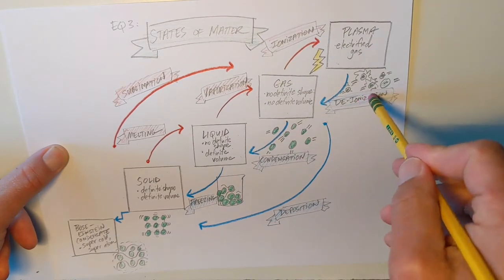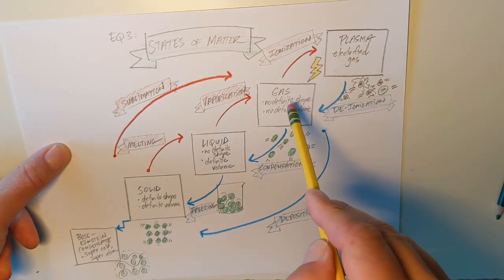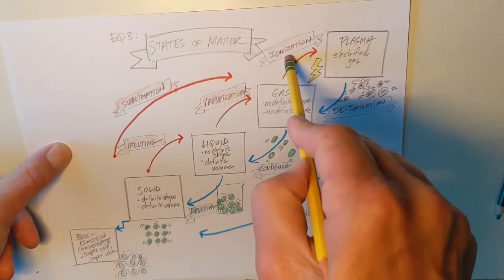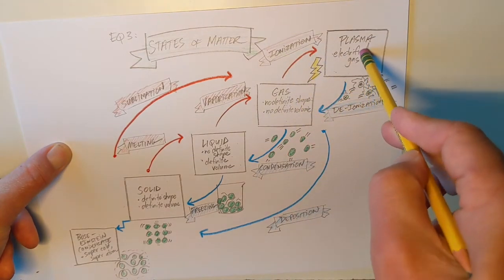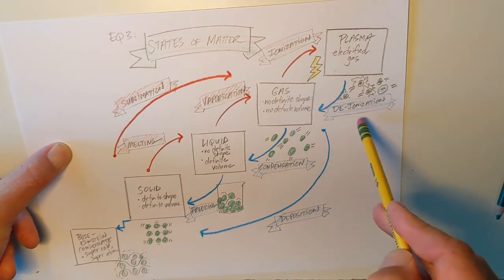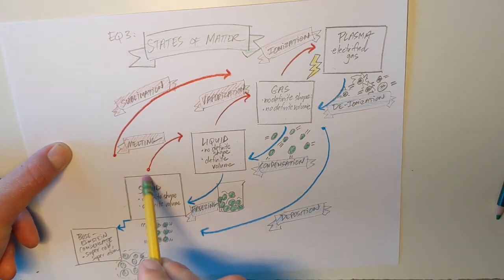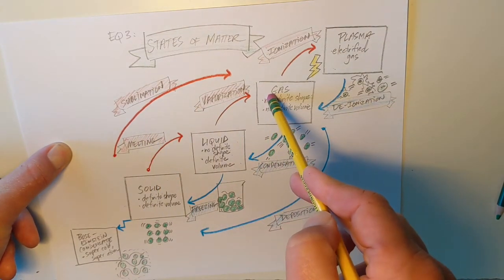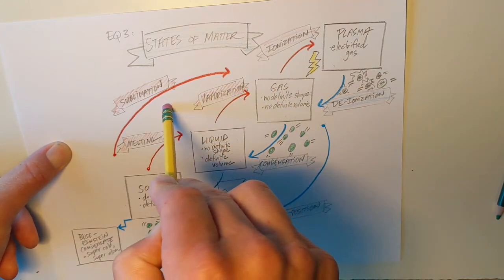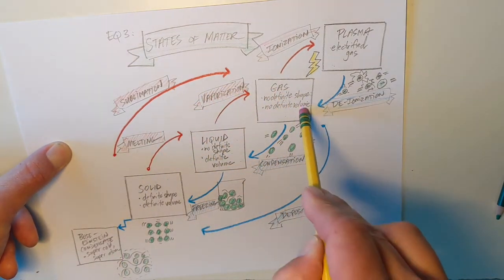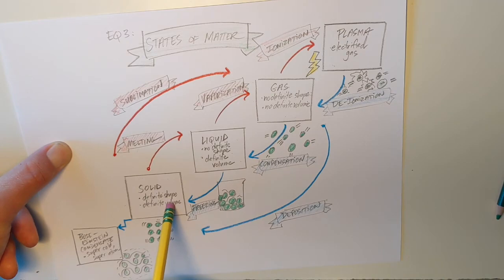The name for that, changing from a gas to a plasma, is ionization. The name for a plasma turning back down to a gas is deionization. Let's look back here. Solid going directly to gas, like dry ice, is called sublimation. Gas going down to a solid is called deposition.